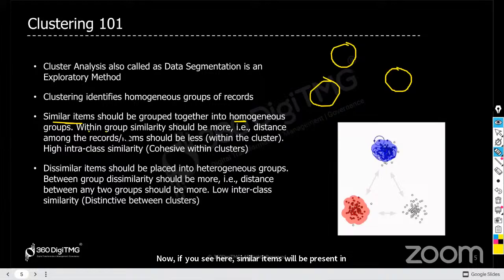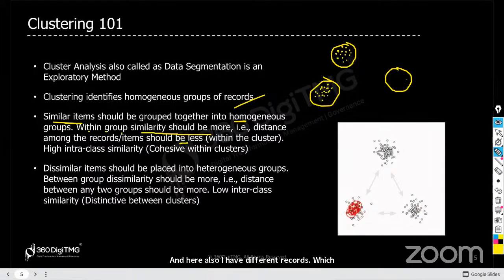Within that particular cluster, the similarity should be more, which means the distance between the items or records should be very small. If you see here, there is one cluster with data points densely present in it, and here also I have different records densely present in this cluster, and here also the same.